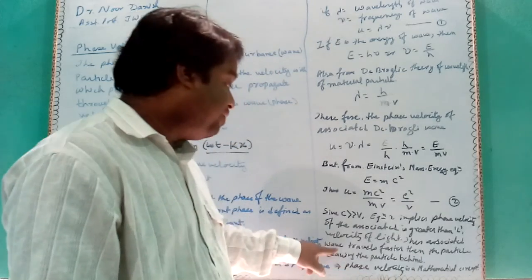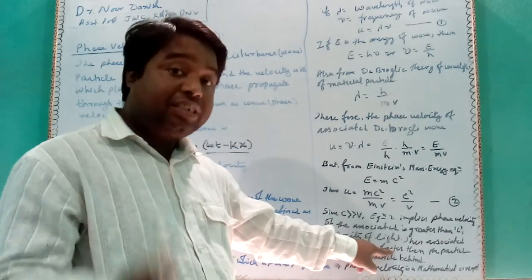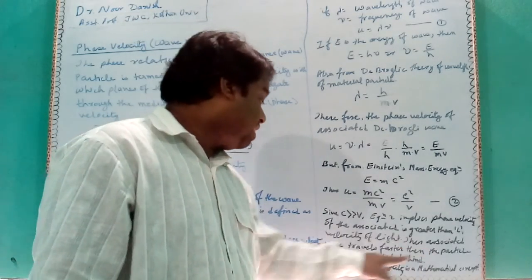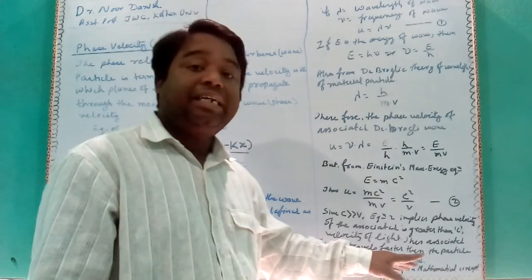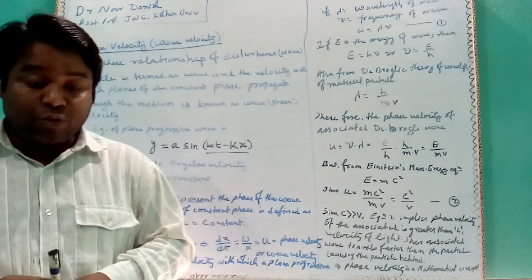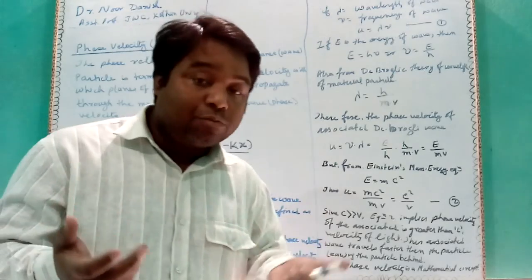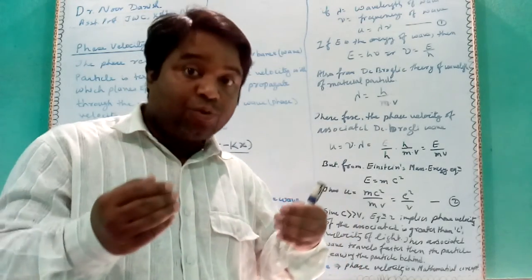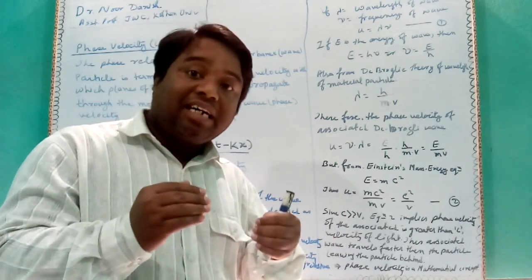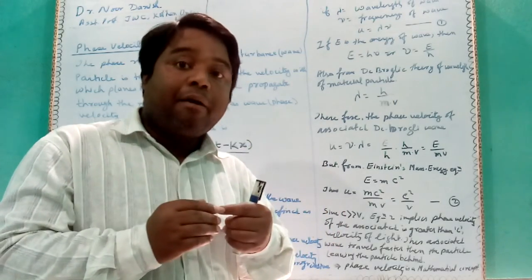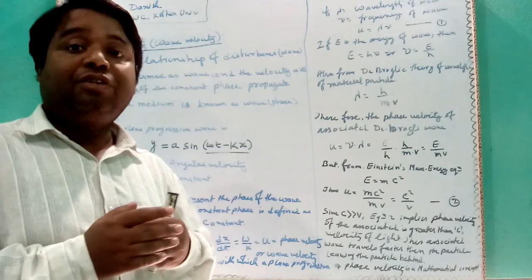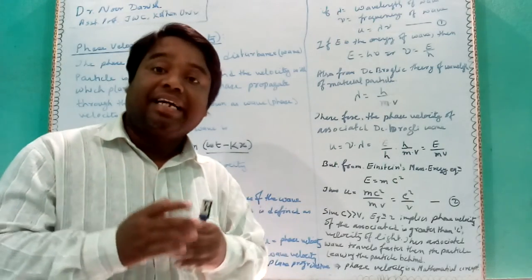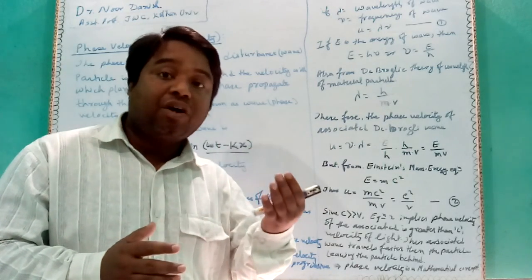The associated wave thus travels faster than the particle, leaving the particle behind. So what is possible is that the phase is moving at a much higher velocity compared to the particle, and the phase velocity can even be greater than the velocity of light.